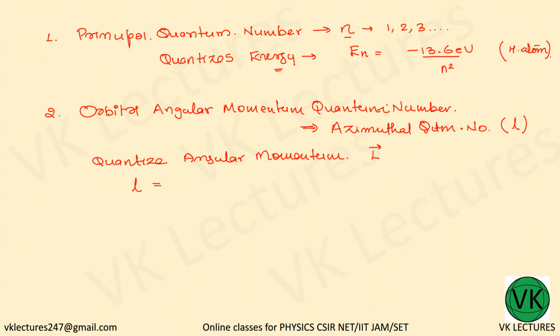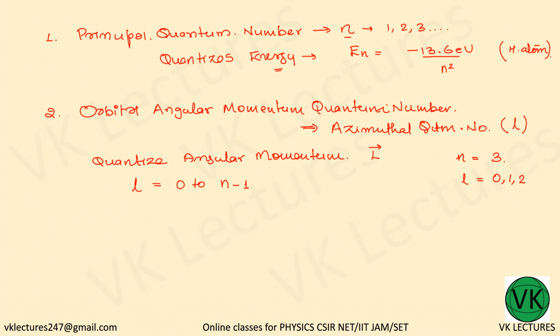L can have values from 0 to n minus 1. Suppose the n value is equal to 3, the L values are either 0, 1 or 2. So these are the possible values of L for n equal to 3.